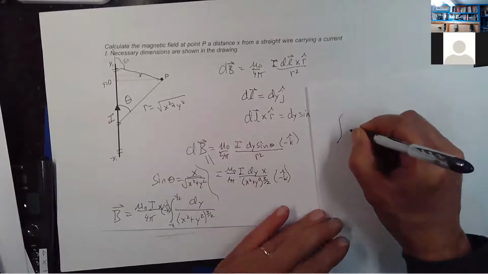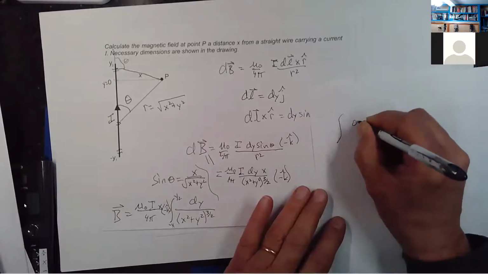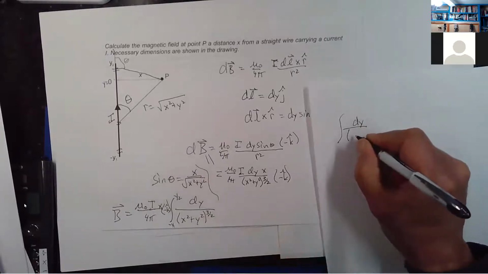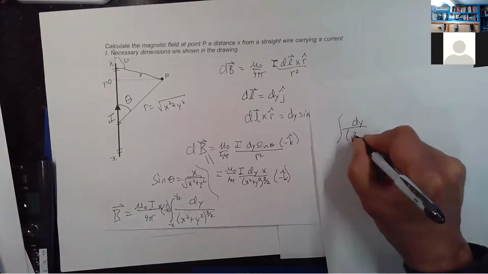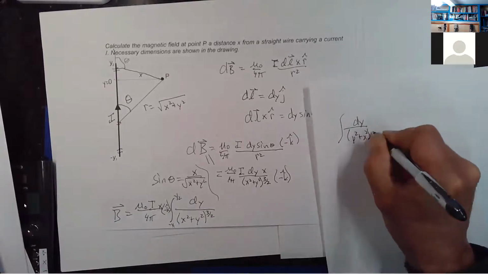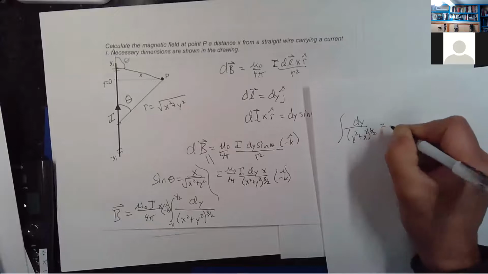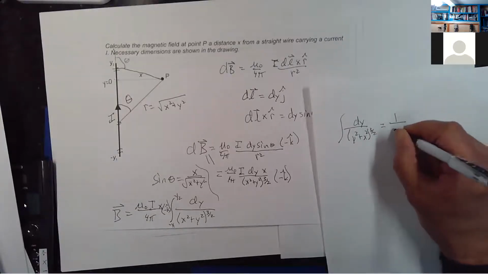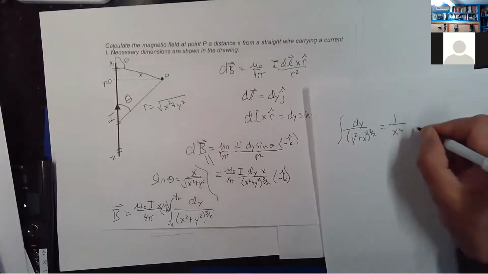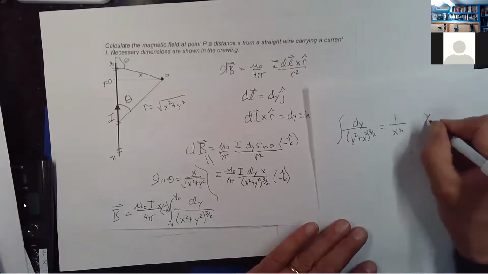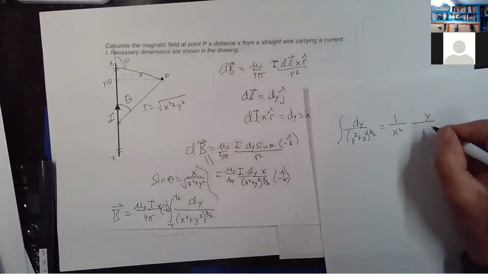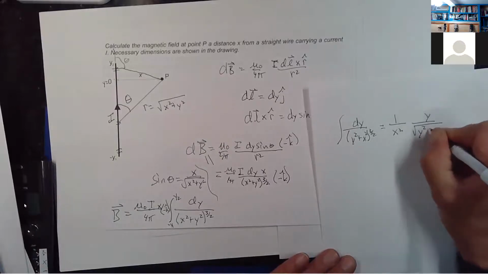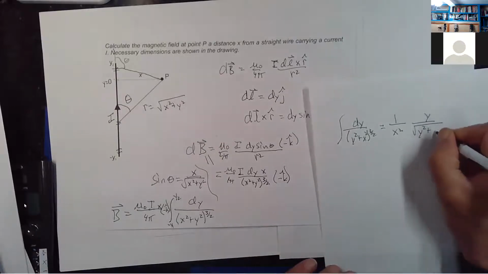The integral of dy divided by y squared plus x squared to the 3/2 ends up equaling 1 over the constant term squared, that's the x squared, times y divided by the square root of y squared plus x squared.